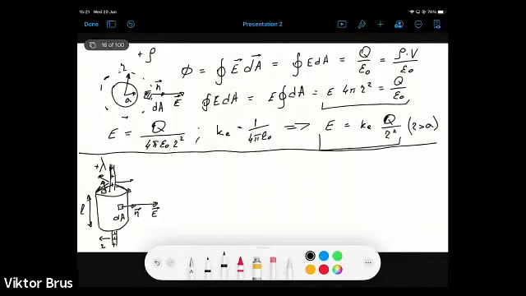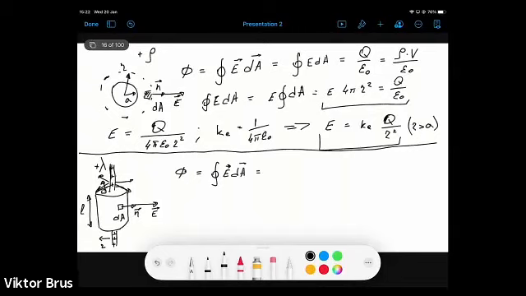Because of this orientation, we can neglect the two edge surfaces because the electric field flux is equal to 0, and consider only the side surface of the cylinder. So in this case, the general equation is the integral over the surface of E vector dA vector.